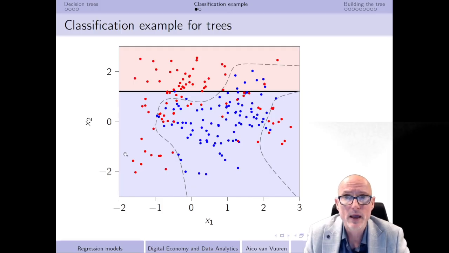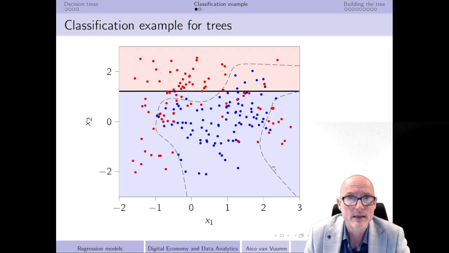And we have 100 different points which are red, and 100 different points which are blue. And then we already know that our optimal predictor is determined by this decision boundary that we have over here, this dashed curve. It starts over here and it ends up over there, and also here we have another part of that particular curve.